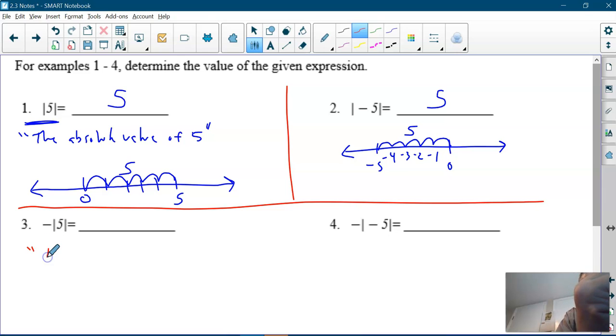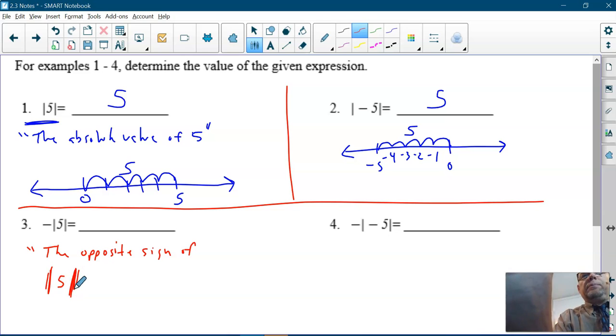I wouldn't read it as negative. I would read it as the opposite, which is kind of what negative signs do, they turn it into the opposite sign. The opposite of the absolute value of 5. And maybe I should write that out instead of doing the symbols.